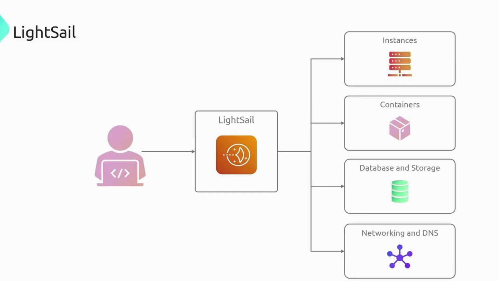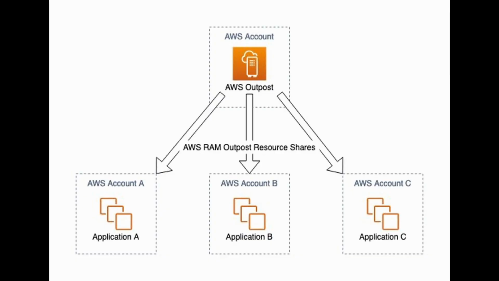Finally, let's talk about one more unique purpose-built AWS service called AWS Outposts. This one is designed for organizations that need a hybrid cloud solution. If you want to leverage the power of AWS while keeping some of your infrastructure on premises, Outposts is the answer.